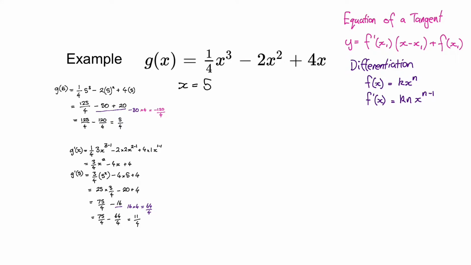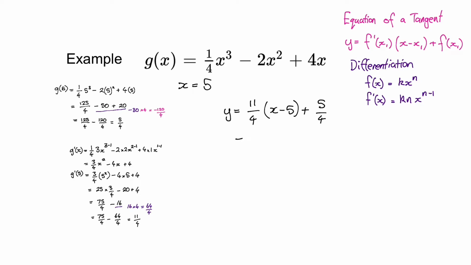So our equation is going to give us y is equal to our derivative at that point, which was 11/4. Then we have our x minus 5 from our original point, plus our function value at that point, which we calculated as being 5/4.